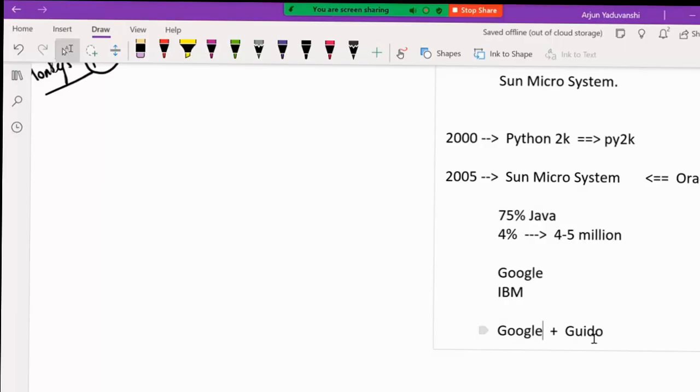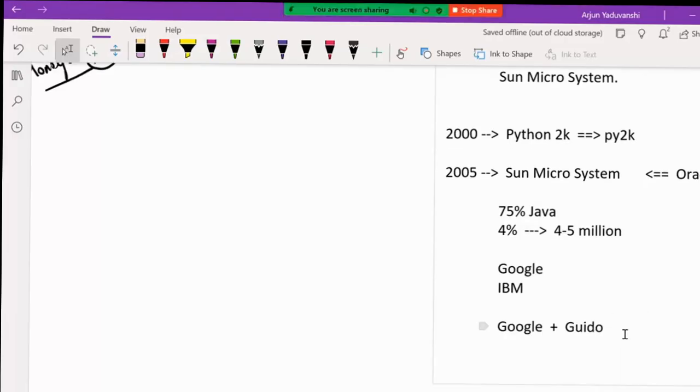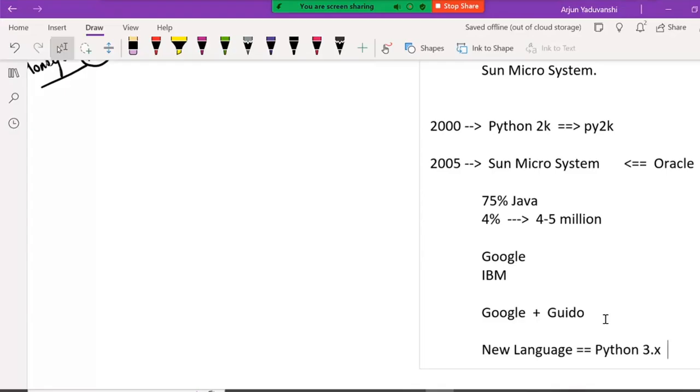Google is known for innovative stuff, and Guido was involved in the development of Python. Together they developed an altogether new, futuristic language, which is called Python 3.x. And this was released in 2008.